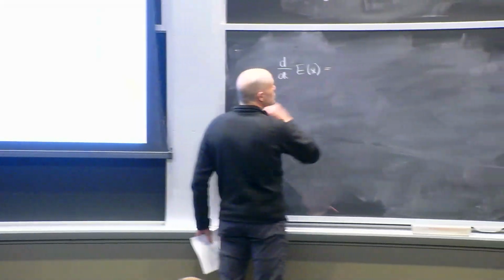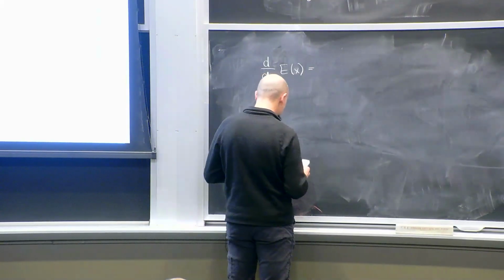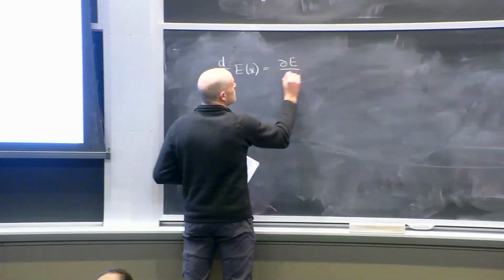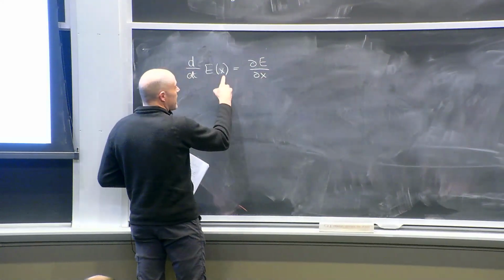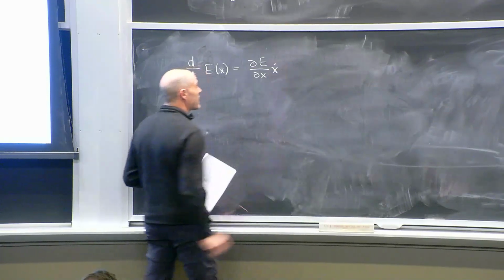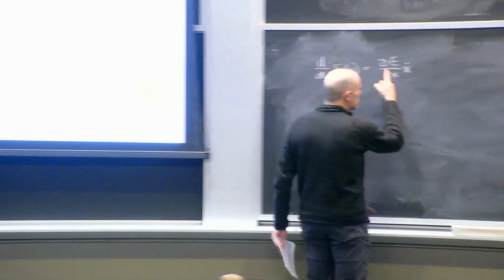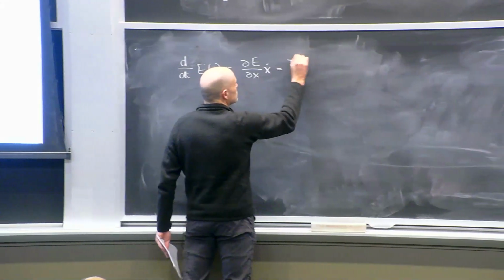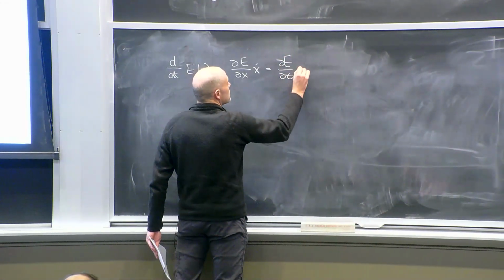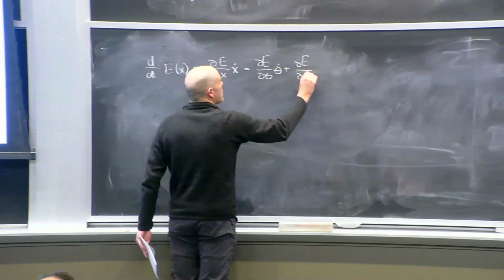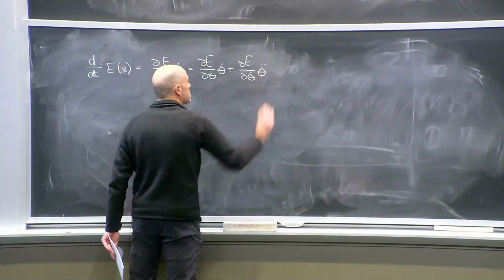So the derivative of that energy is going to be, it depends on x, but x is changing over time. So the time derivative of energy looks like this, which is just a vector equation, so I could write out its elements.